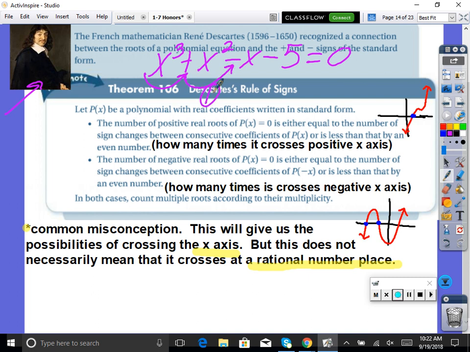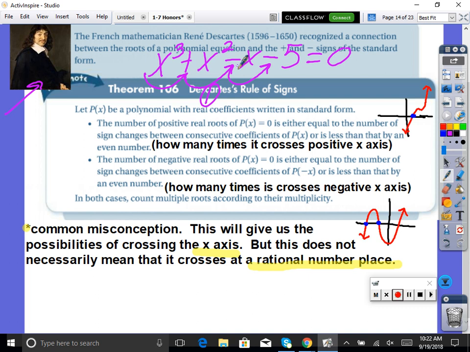Does everybody agree? Now, negative to negative did not change. So we're done. There was only one sign change. That means there will be one positive real root, for sure. Everybody good? That will happen. So there is one positive real root here, for sure.